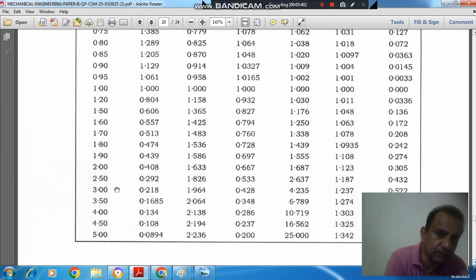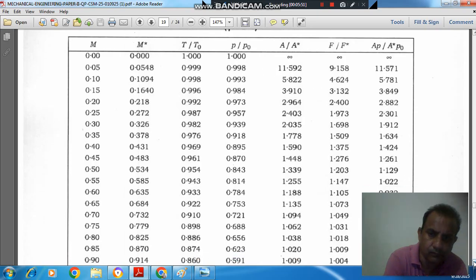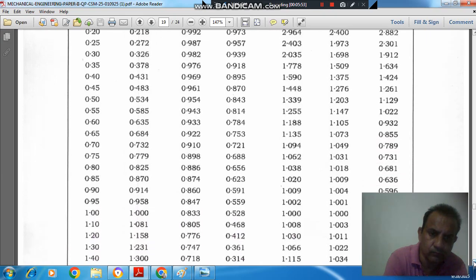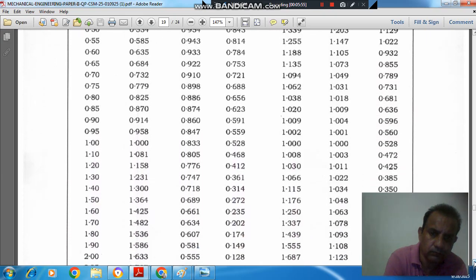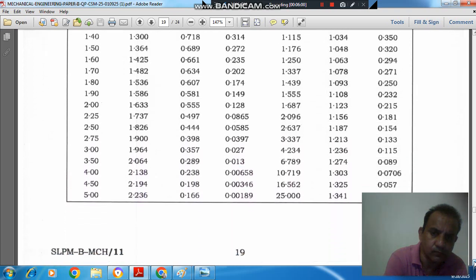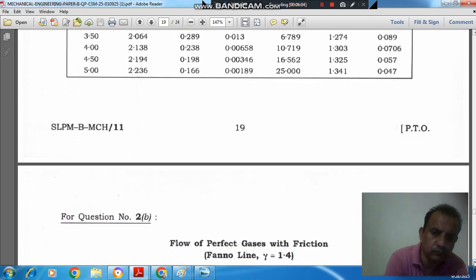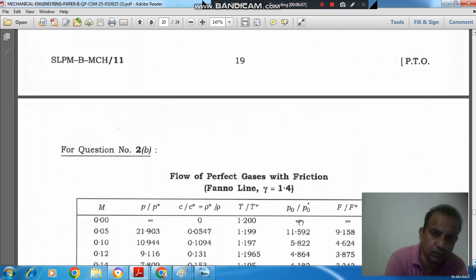At M equal to 3, we can see this column, the first, second, third, fourth and fifth column.